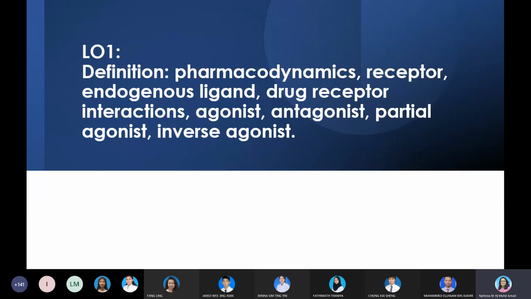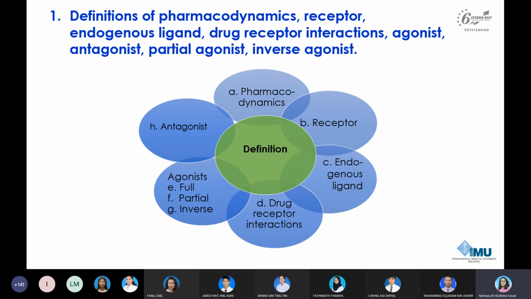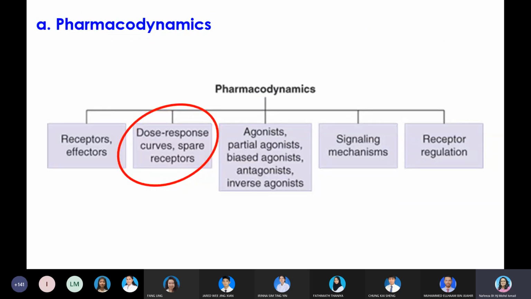So this is the definition, which is your lecture or LO1. And I've numbered them A to H so that it will be easy for you to follow the definitions, right? Now, essentially, you've gone through your pharmacokinetics about how our bodies handle the drug, how we absorb them, how we metabolize them.